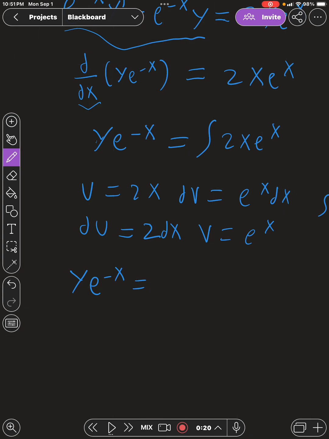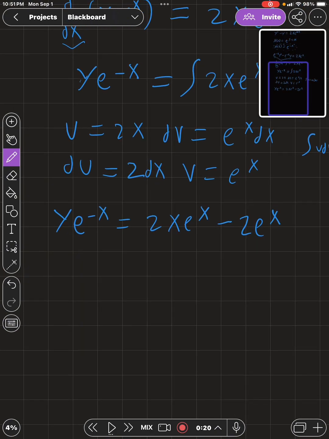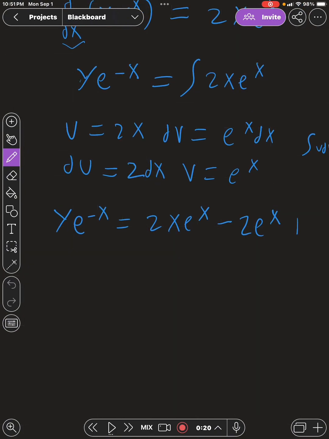So we're going to get 2x e to the x. Then we're going to get minus the integral of v du. And that's just going to be 2 e to the x. And we're going to have a constant here.